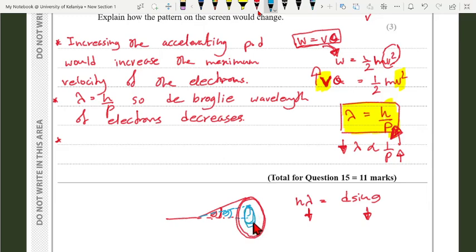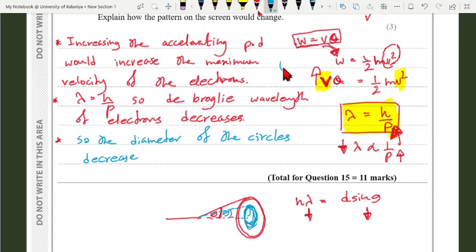I hope it is clear. So what you should write is that the diameter of the circles decreases.